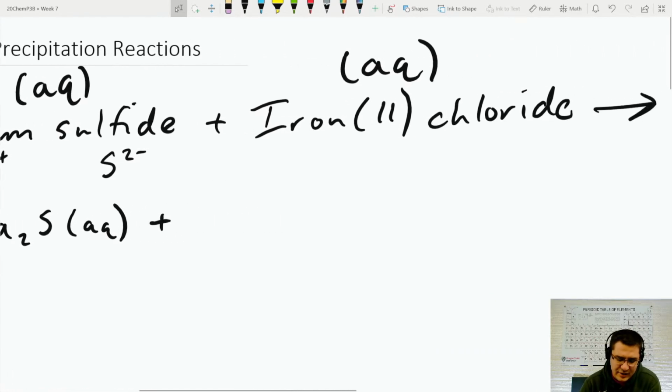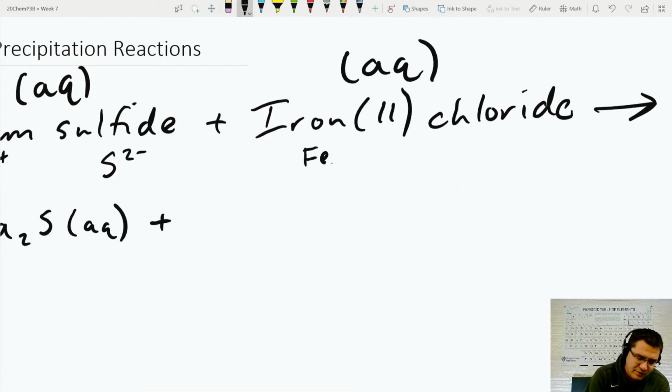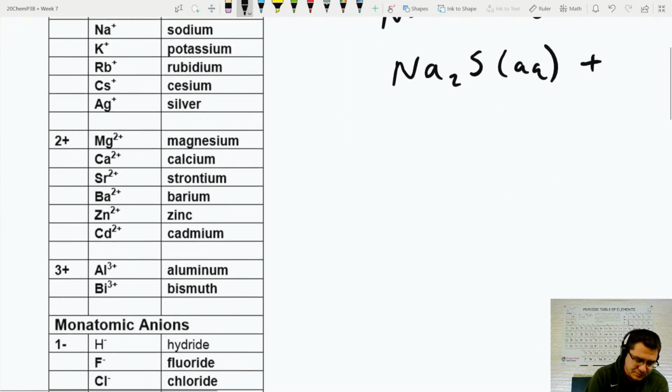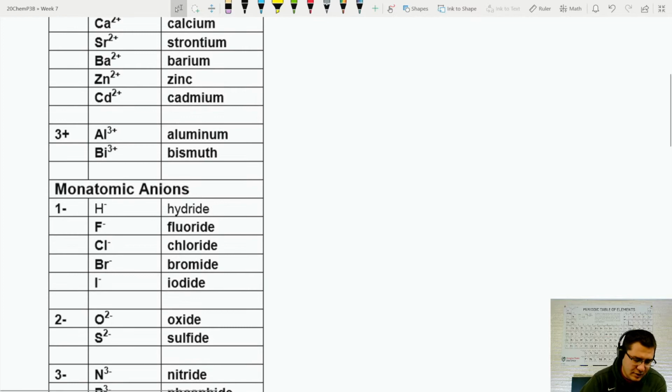plus iron(II) chloride. So iron(II), we know from our Roman numerals, iron can have multiple oxidation states, so we show that 2 to designate that it's lost 2 electrons. And then chloride, I can look up. Chloride's down in the -1 charge group.